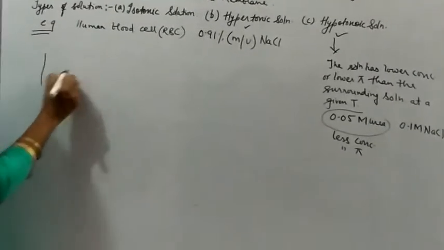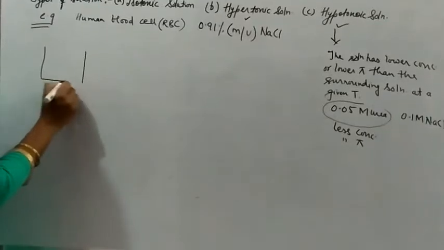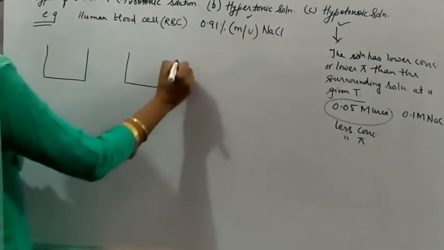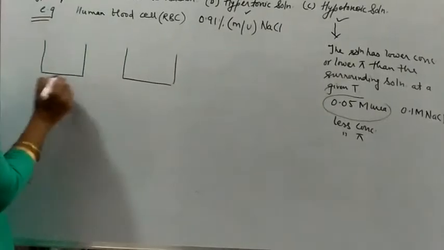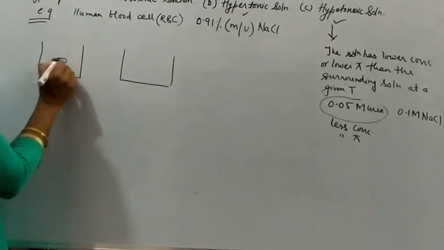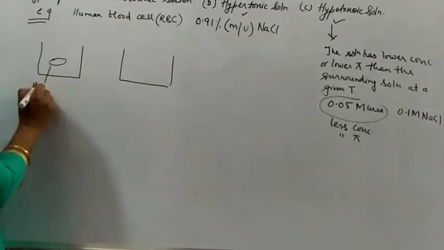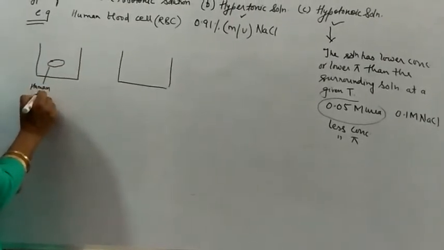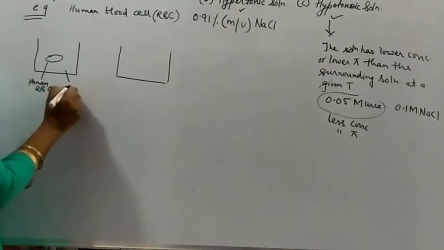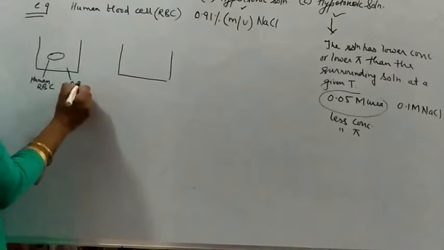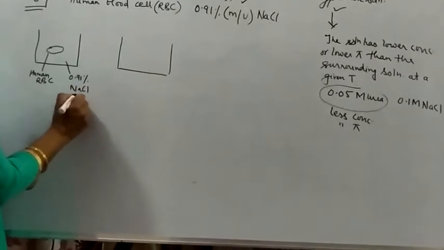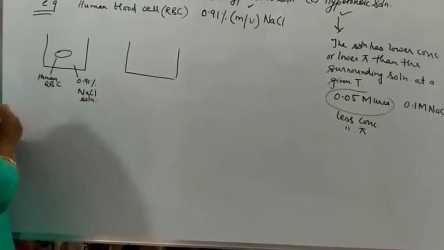Now, if we have taken two beakers here and we have placed the human RBC, this is the human RBC. Now here the solution is having the concentration 0.91% NaCl solution, right?